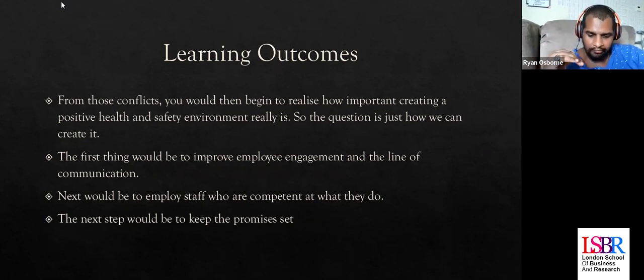And sometimes this will cause the breakdown of communication between yourself and the boss, because certain promises haven't been kept. And when it comes to health and safety, it's really important that the employee goes out of their way to really keep the promises that they have set. Don't you agree, guys?